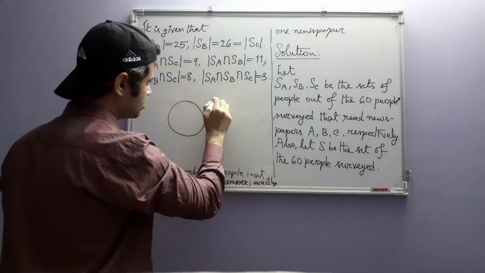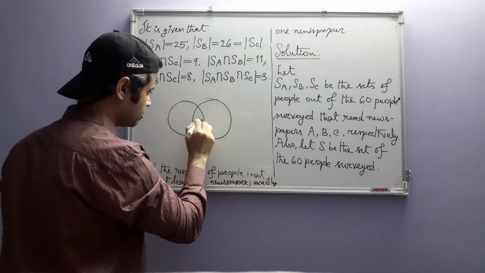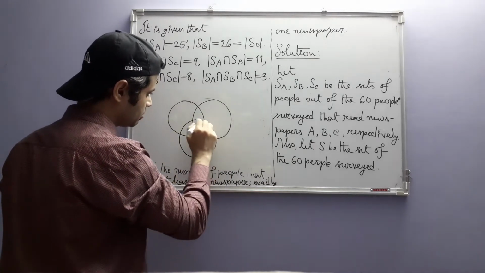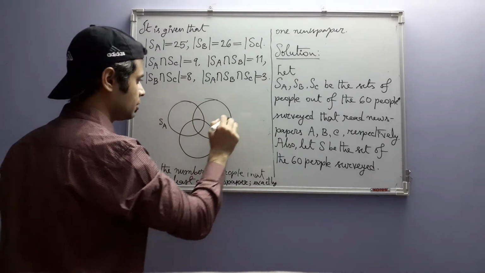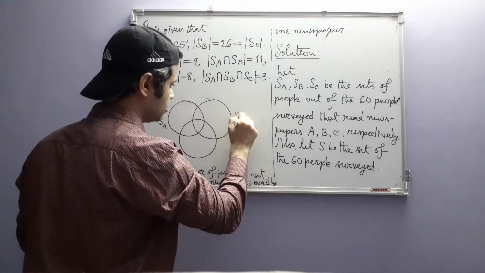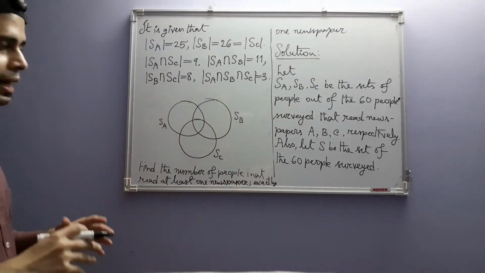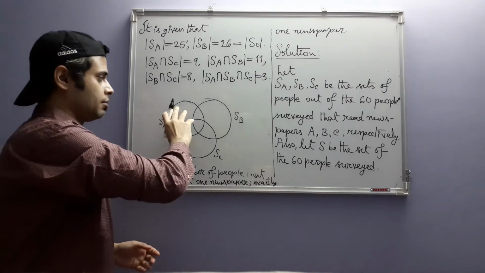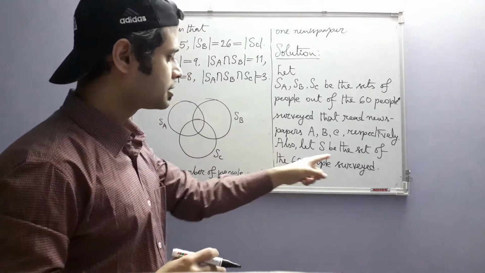So this is, suppose SA, this is SB, and this is SC. But at the same time, besides these sets, we also have surveyed 60 people.